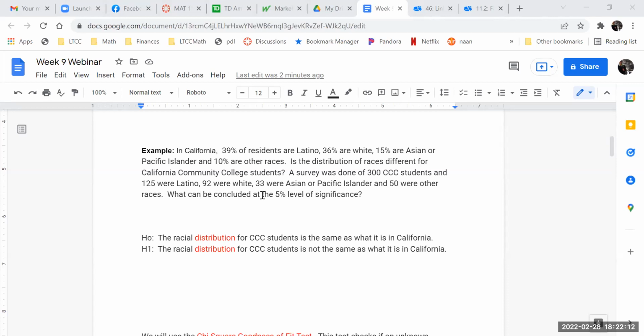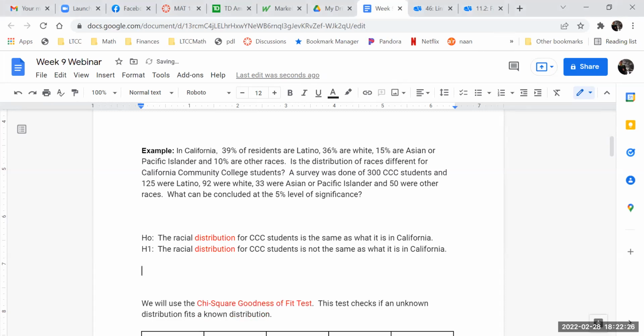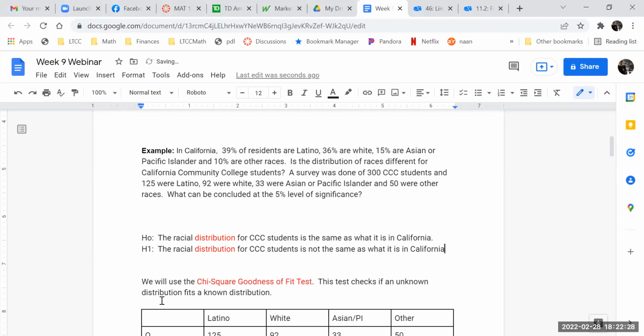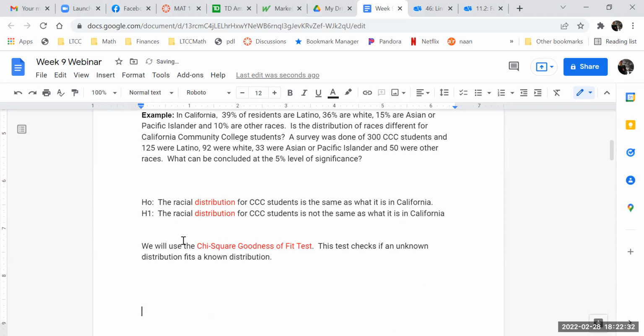And when you are conducting a hypothesis test to see if a distribution is different than another one, when you know one and you don't know the other, then we're going to use what's called the chi-squared goodness of fit test. And that's the name of the test. So we're going to use the chi-squared goodness of fit test.